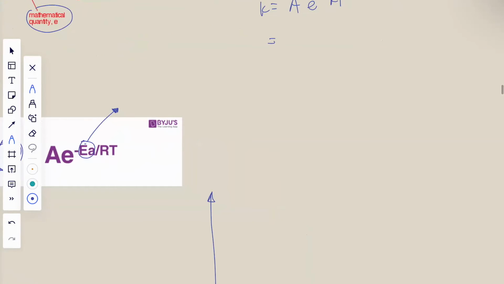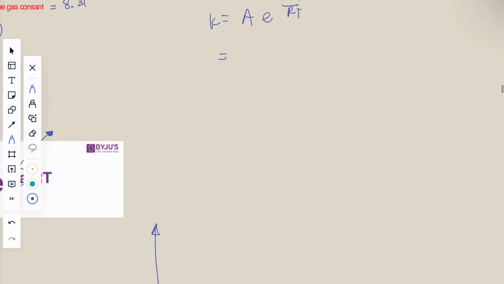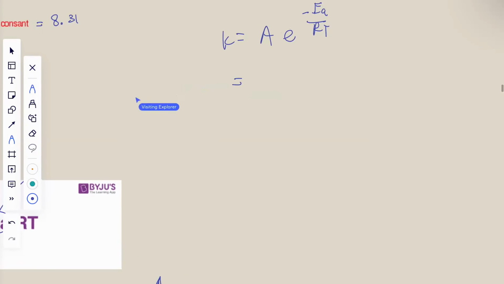You learned this. Try to make ln K the subject, then simplify. The Arrhenius equation I put to your WhatsApp.